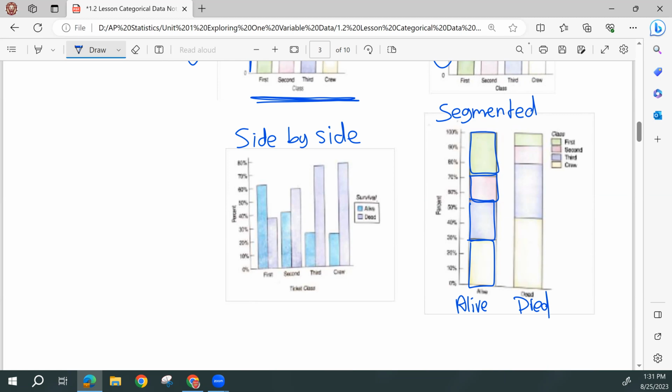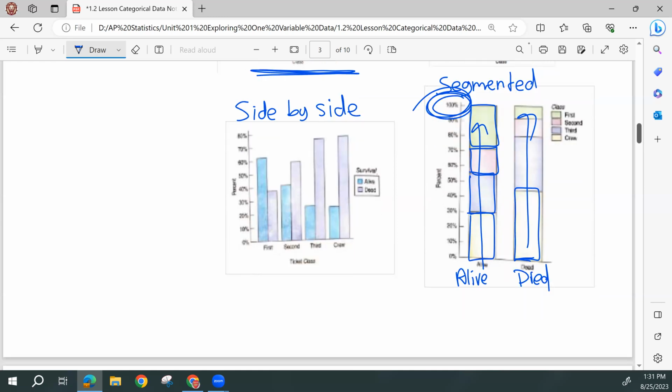So these percentages show you a percentage of this category, and these bars or pieces show you percentages for each category for those who died. And you can see they both go up to 100. Or hopefully you can see that's 100.